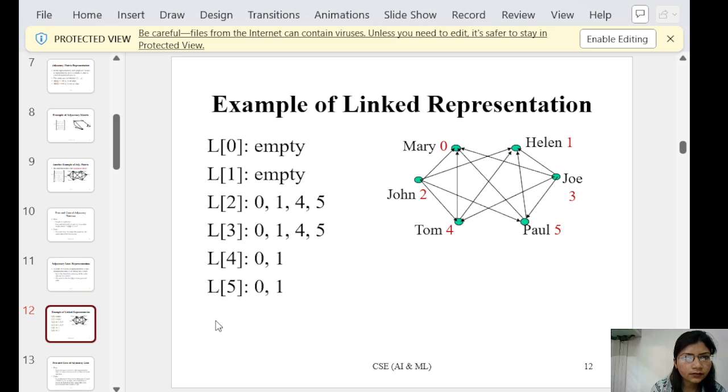Example of linked list representation: L0 is empty, L1 is empty, L2 is 0, 1, 4, 5. Then L3 is 0, 1, 4, 5. L4 is 0, 1. L5 is 0, 1.